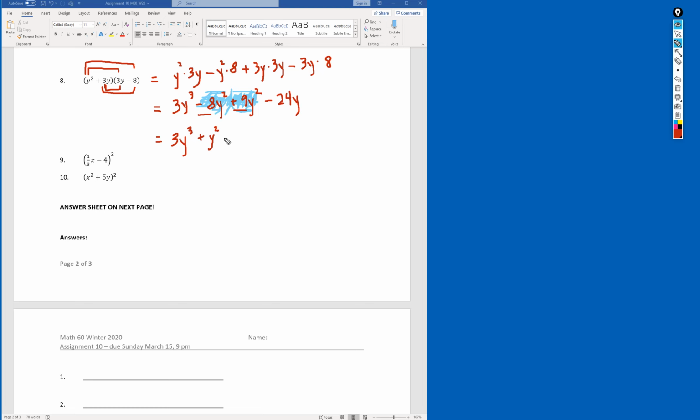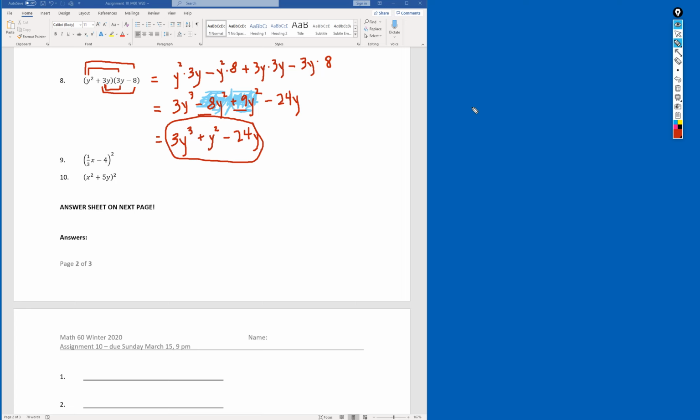And then we still have the minus 24y. And that's it. We cannot combine any more of this stuff because none of these are like terms. So 3y cubed plus y squared minus 24y. That is your final answer on this one.